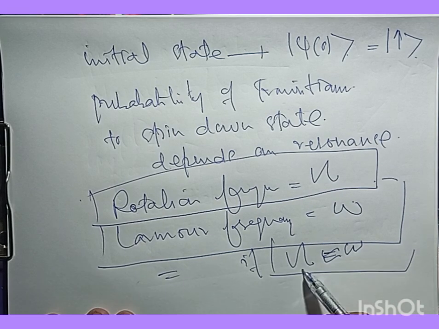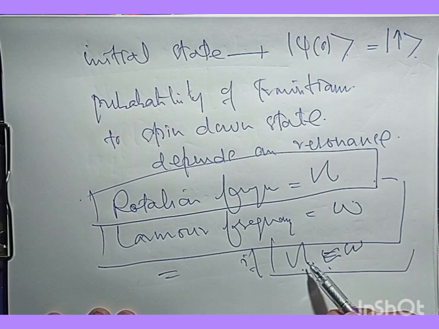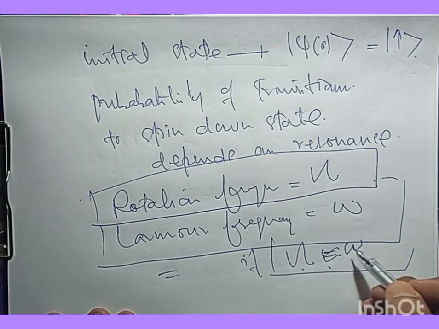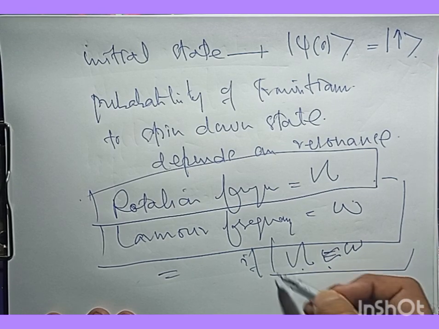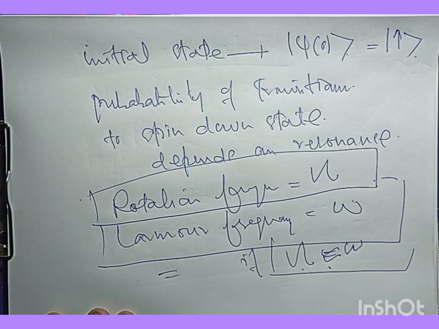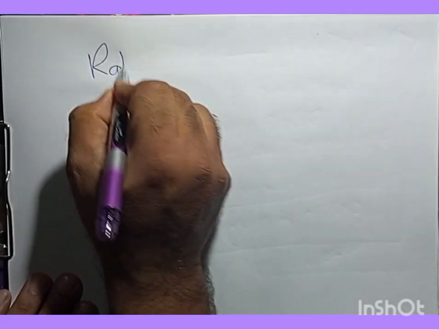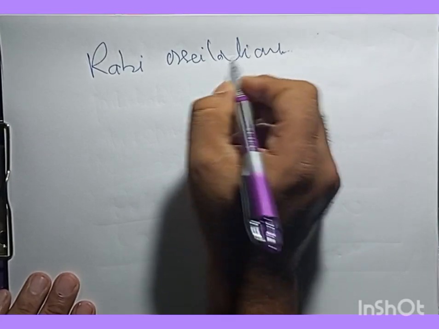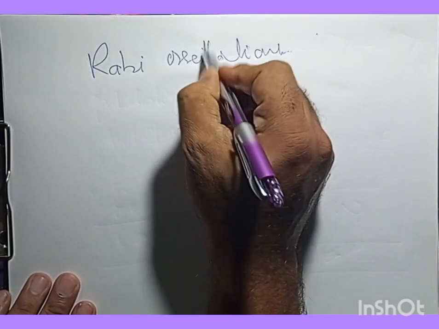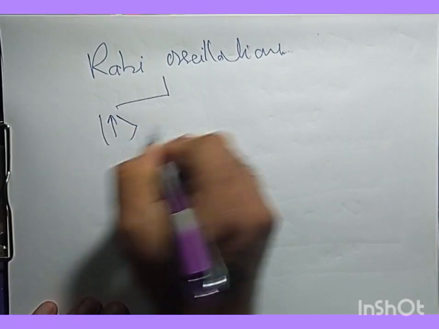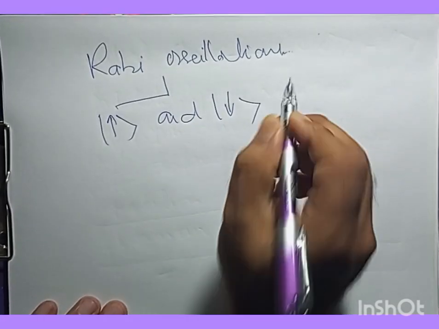Now, when this omega, and I'll call this capital omega, is equal to the Larmor frequency, when the rotational frequency is equal to the Larmor frequency, the spin will undergo oscillations, and we call those oscillations Rabi oscillations, between spin up and spin down states.